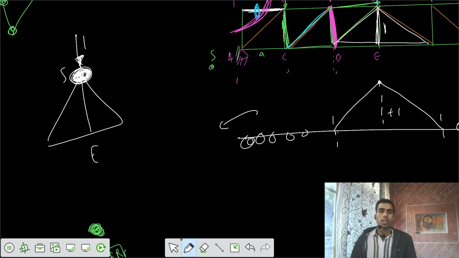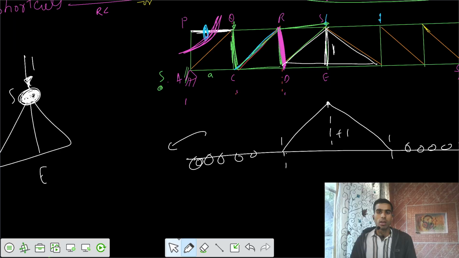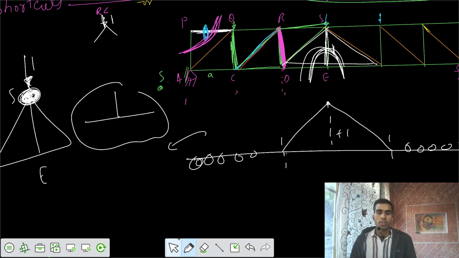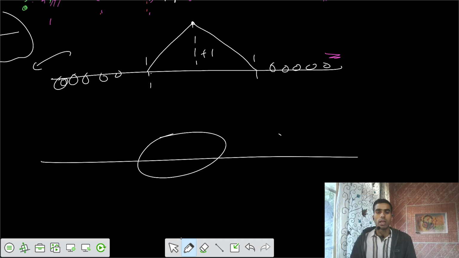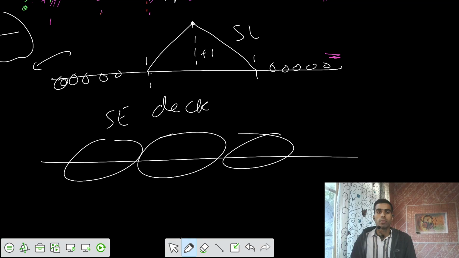And for that also, if I cut this section from the bottom side, I'm applying from the top some loading of 1. From the bottom side, there is no external load, so force in this one would be 0. So I would say the ILD would be a 0 line. This is for the SE deck type, and this one was SE through type.